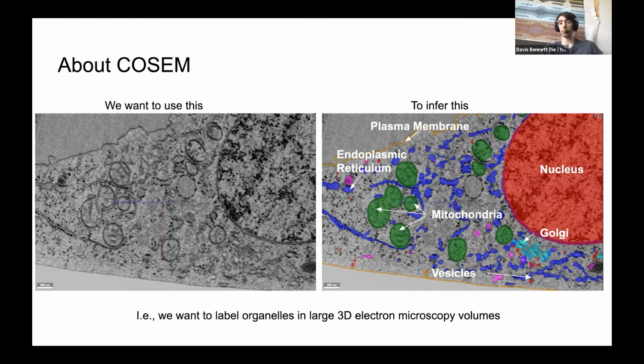This is electron microscopy, so you don't get color. You just get one channel out of your data. And so we're using machine learning to basically take this single channel data and infer a set of multi-channel prediction layers from it.